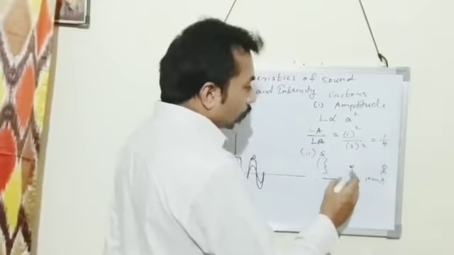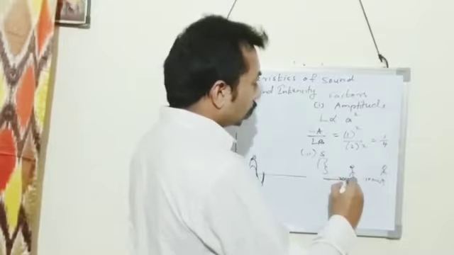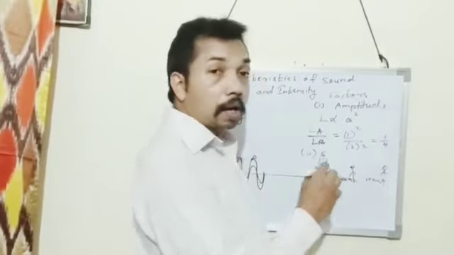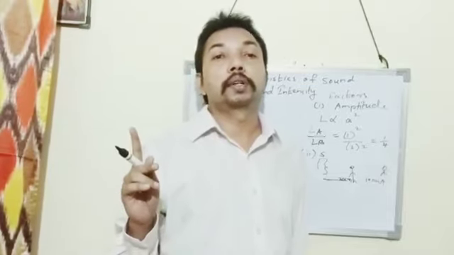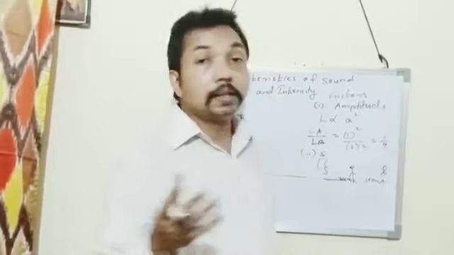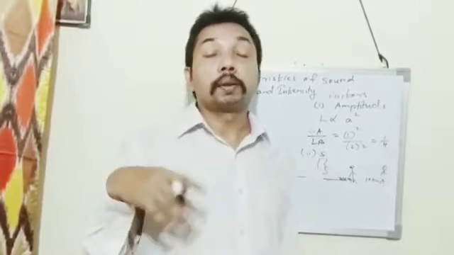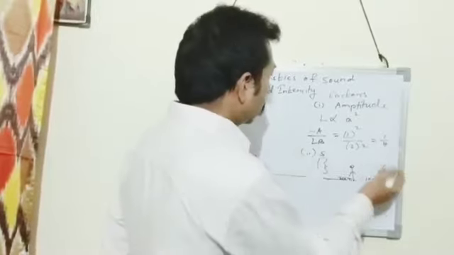Then who will hear the sound with more loudness? This one will hear the sound with more loudness. Greater the distance of the receiver from the source, less is the loudness. So this is another factor.